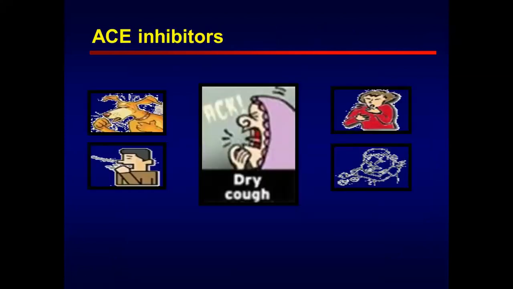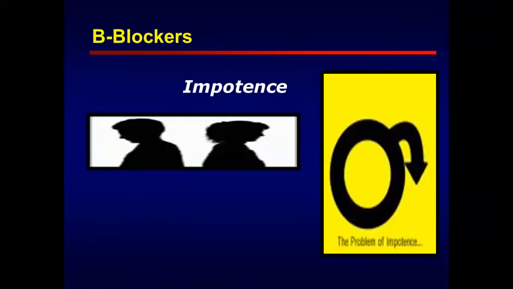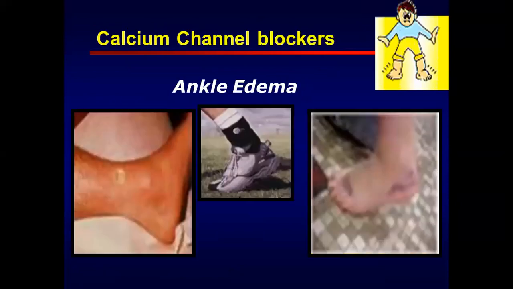ACE inhibitors cause dry cough, as we just said. Beta blockers can interfere with sexual relations and might help in causing erectile dysfunction. Calcium channel blockers cause ankle edema because they reduce arteriolar dilatation without concomitant venular dilatation.